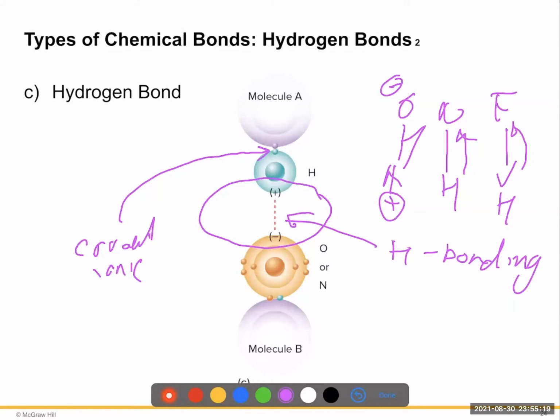So covalent and ionic bonds are in the molecule itself, like the sodium and chloride held together by it. The actual hydrogen bond is between the molecules that are already bonded. So hydrogen bonding is intermolecular. Covalent and ionic are intramolecular, within the molecule.